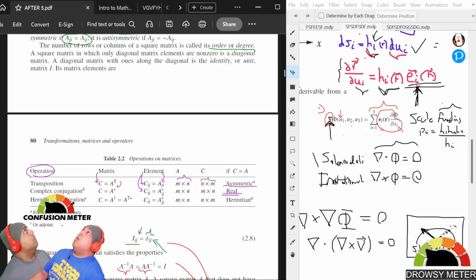Okay. i star equals i minus 1, i equals root 1. I know what i is. i star equals negative i. What does that mean?